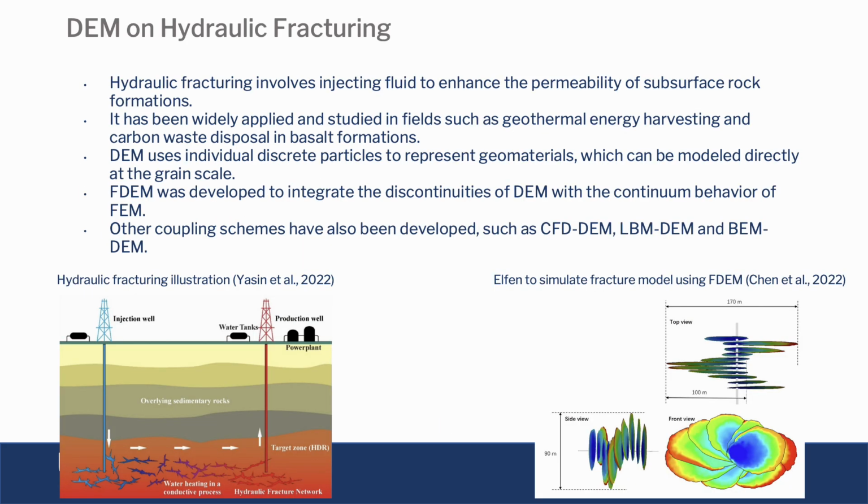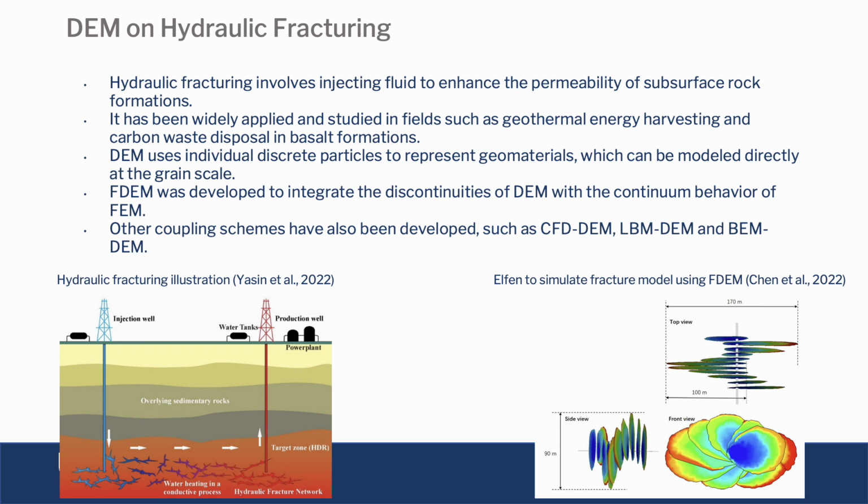Another application of DEM in earth science and engineering is hydraulic fracturing modeling. Hydraulic fracturing involves injecting fluid to enhance the permeability of subsurface rock formations. This method is used in various fields, such as enhanced geothermal systems and waste disposal in basaltic formations.